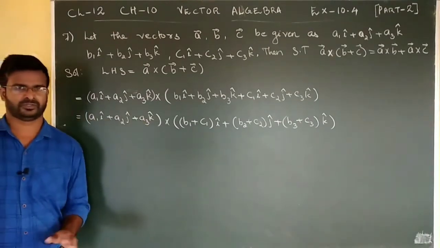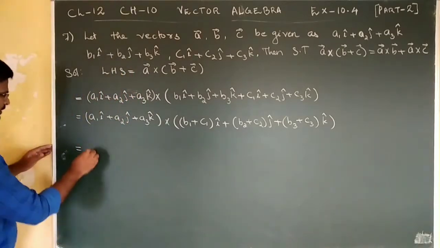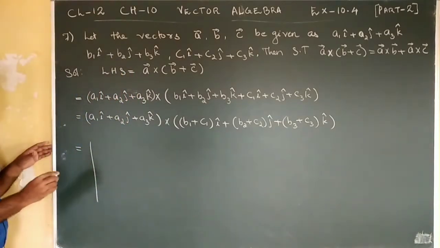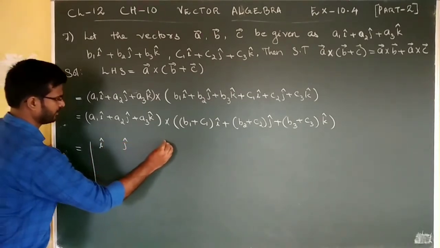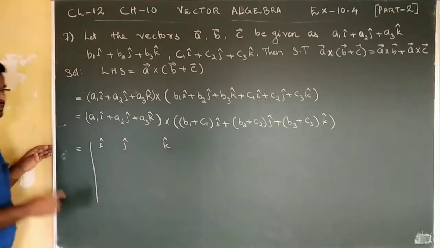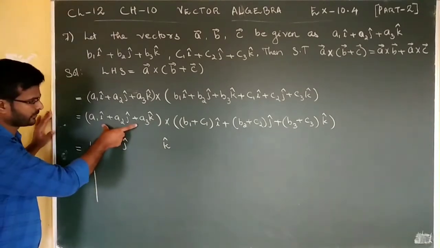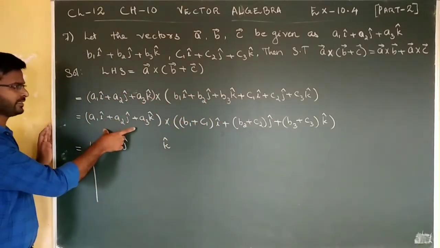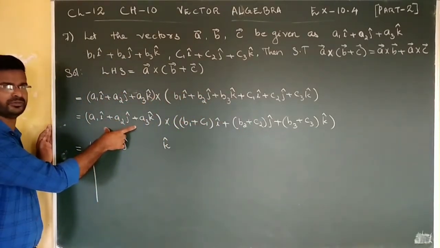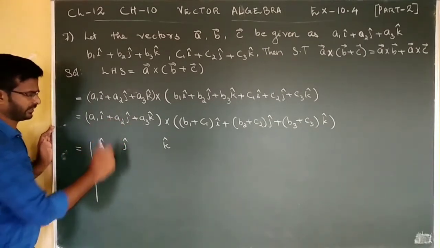Cross product, which method we will use? We will use the determinant method. A determinant of, in first row we will write I, J and K. In second row, what will we write? Scalar components of first vector. This is first vector, this is second vector, isn't it? Scalar components means A1, A2, A3.